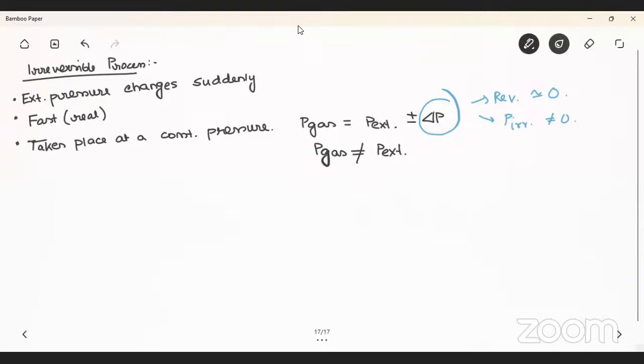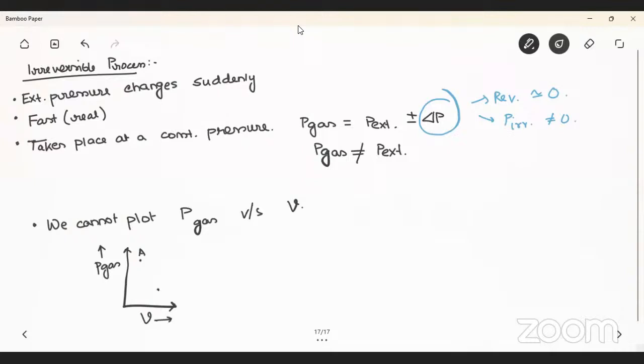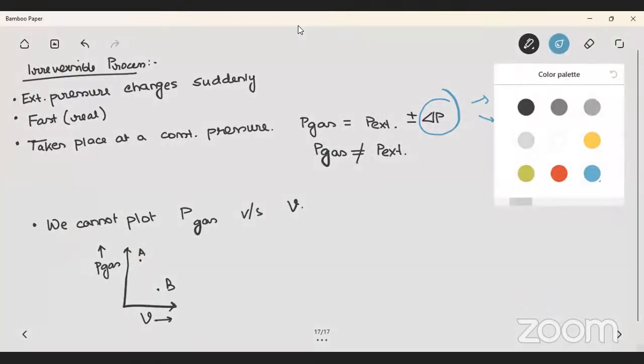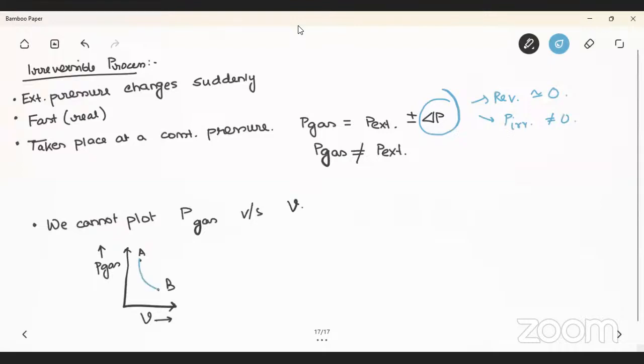Now we cannot plot the P of gas versus volume curve here. If in your exam they give P of gas and volume, with this initial point A and this final point B, and you draw a curve like this, this is an absolutely wrong statement.